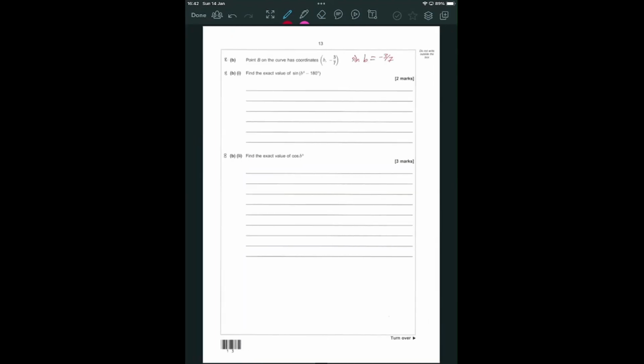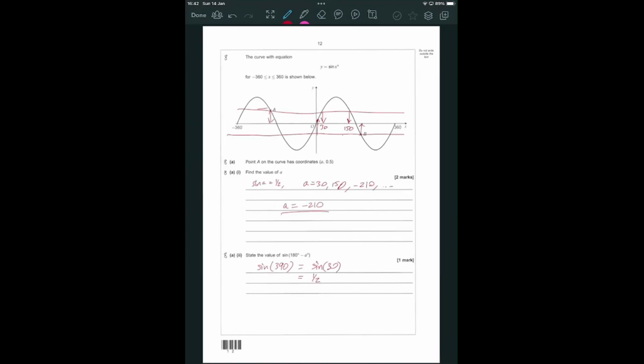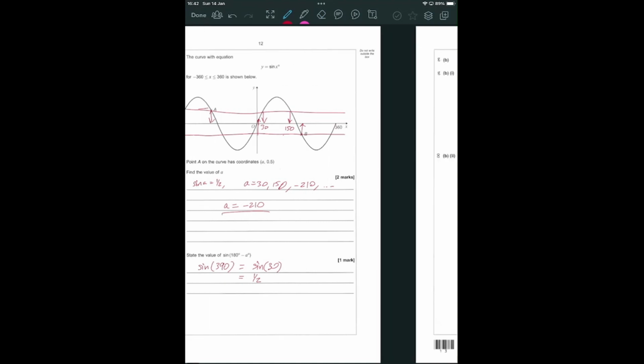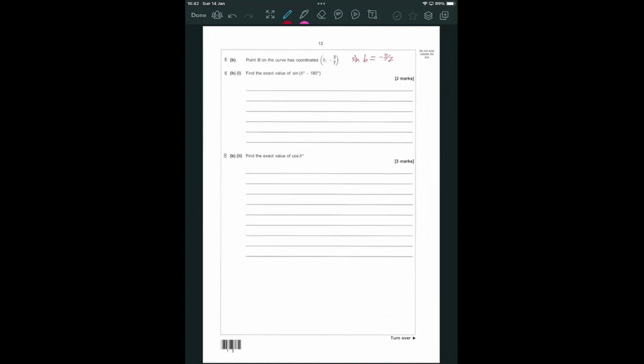If you're adding or subtracting 180, doing 180 minus, 360 minus, that maintains the symmetry of the picture. And indeed here, the symmetry is maintained, but it's swapped sign. So this is as simple as swapping the sign. So this is just positive 7/3, which is sneaky for 2 marks when you can just write down the answer.